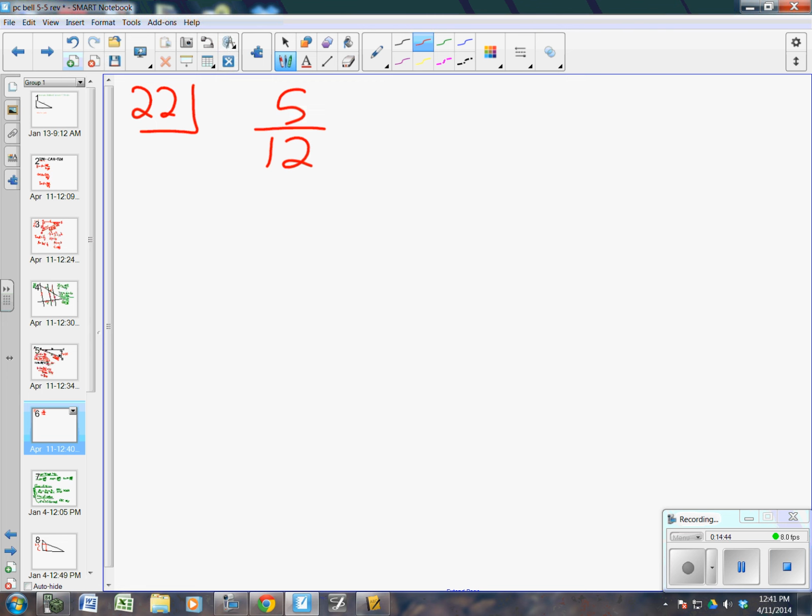So they say the pitch of the roof is 5, and it defines roof pitch as the number of inches that a roof will rise for every 12 inches of run. That means every 12 inches you go this way, it rises 5 inches this way, right? And it creates that slope right there.